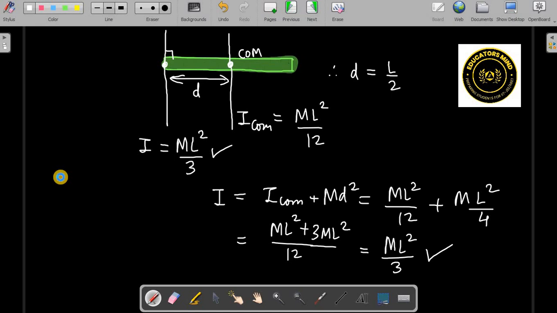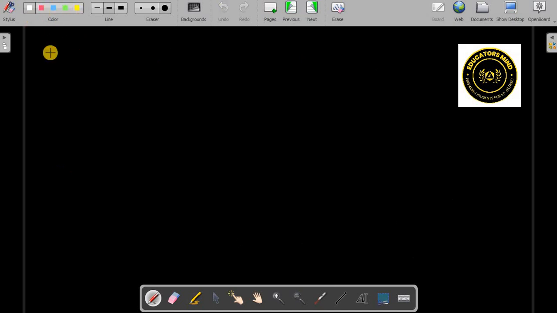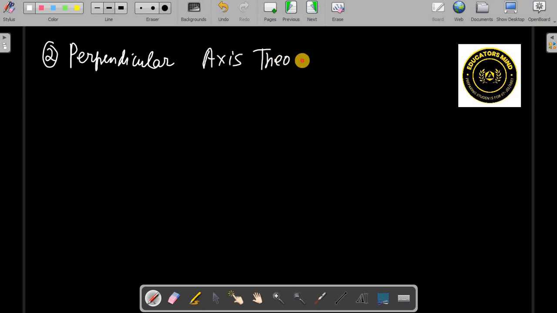Then let us go to the next, perpendicular axis theorem. Perpendicular axis theorem.